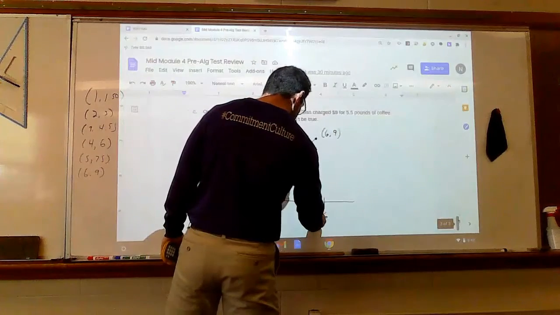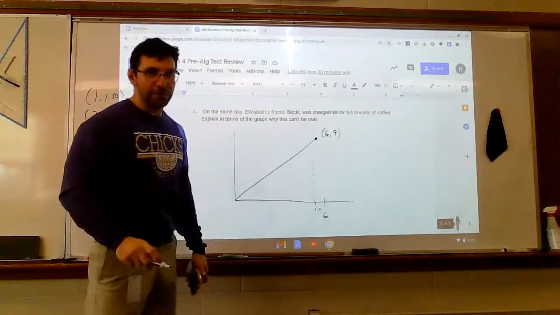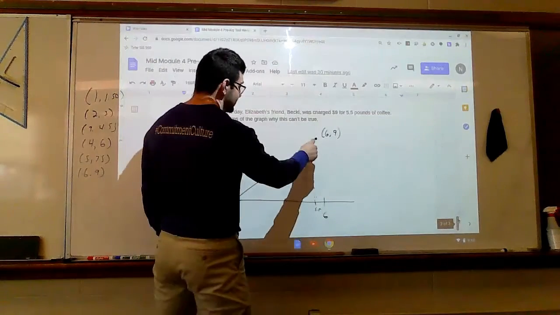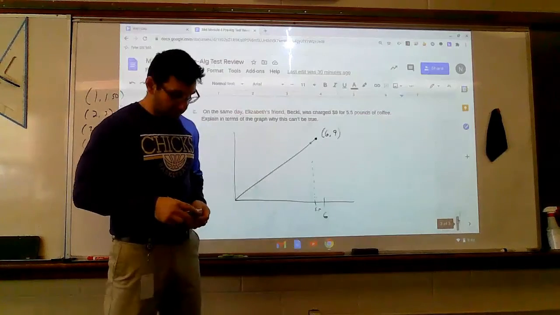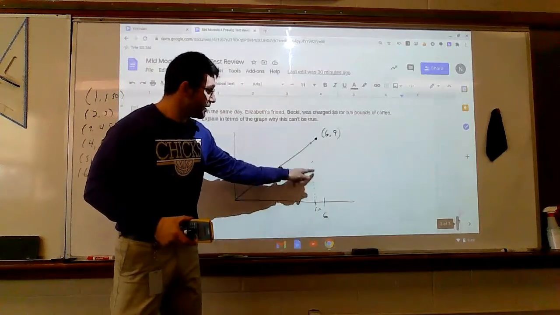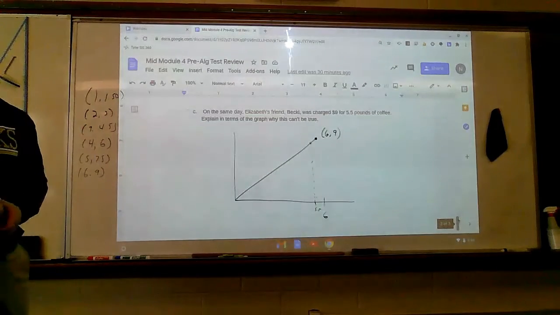If she wanted 5.5 pounds, does that meet at $9? You would say 5.5 pounds does not have a cost of $9 based off of our graph.